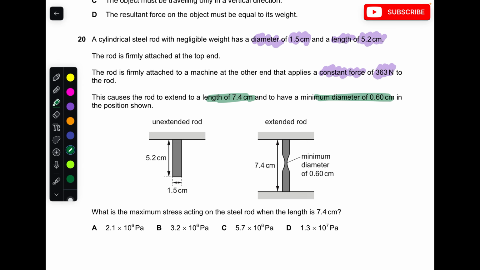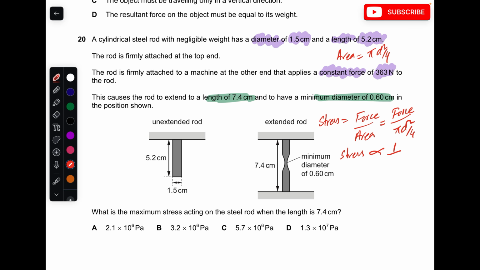Okay, maximum stress. So if we write down the relation, stress is force over area. We don't have the area, we have the diameter. We know area is equal to pi d squared divided by 4. So you can write it as force divided by pi d squared divided by 4. So from there it is clear stress is inversely proportional to diameter square.